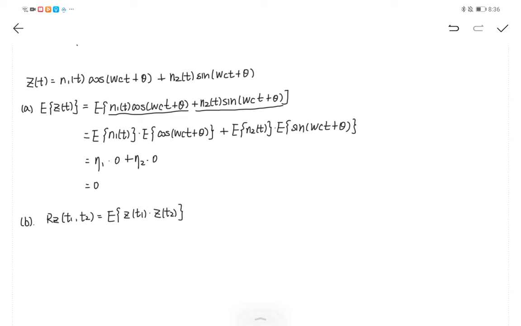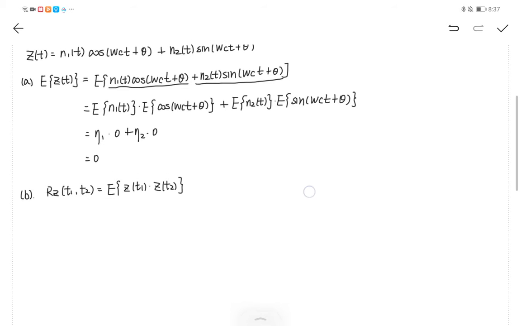We can see Z(t) equals this formula, so it must be 2 multiplied by 2, so there must be 4 parts.